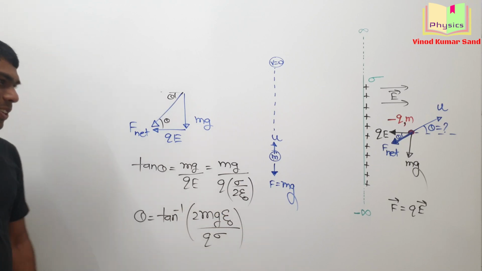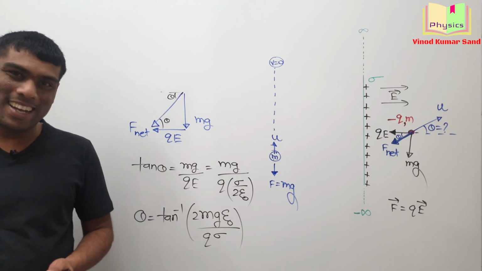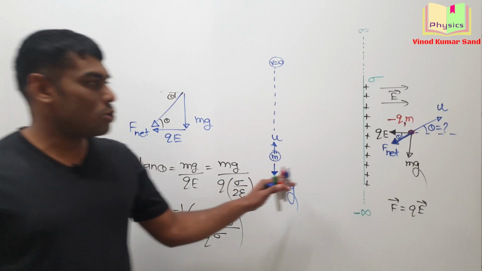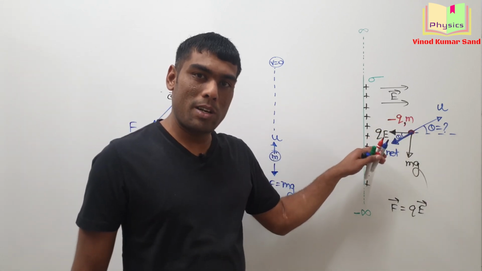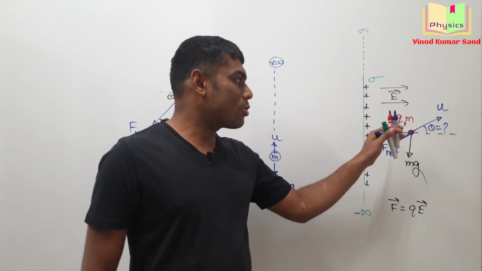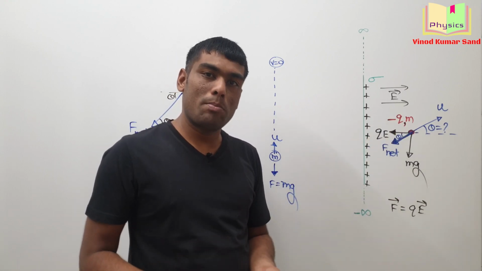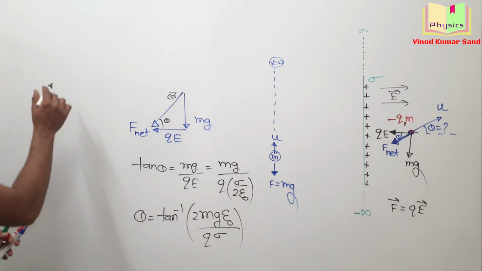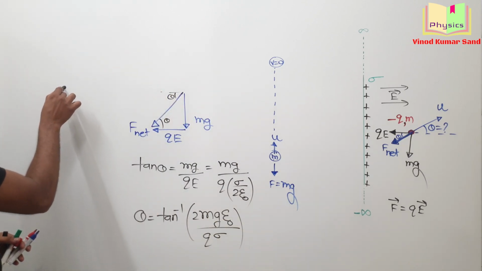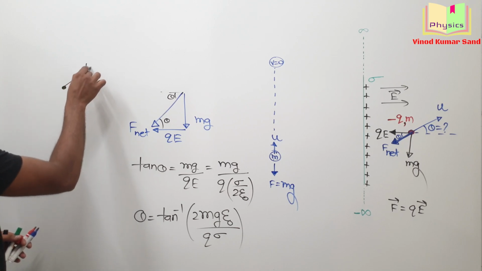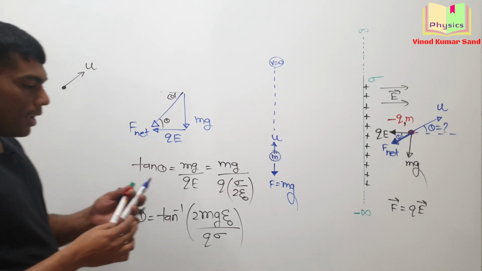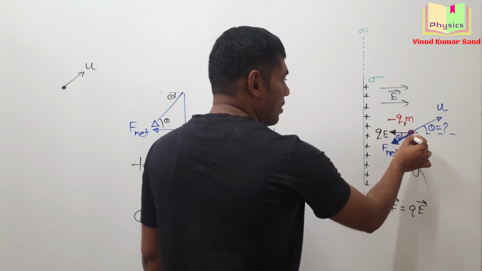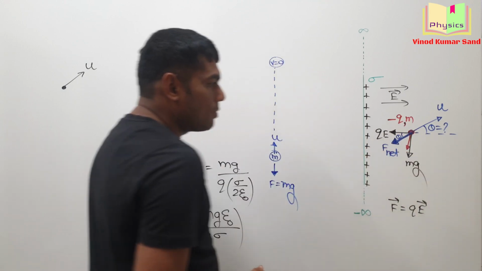I hope you have also chosen the correct answer. Few of you might think, why we have chosen this possibility only? Why not the particle is going on some circular path or some parabolic path? I am explaining those things. Suppose the particle is projected from this position, initial velocity is u in this direction, and instead of taking force along the blue line, suppose I consider this red force here like this.